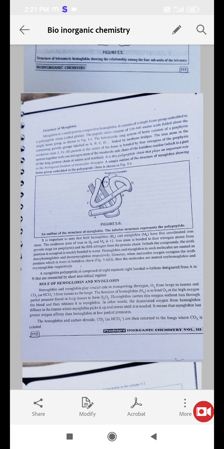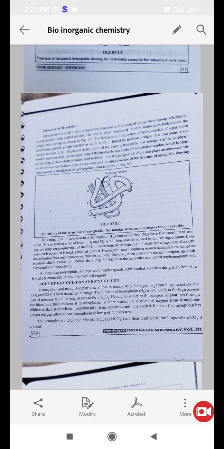It is important to note that hemoglobin and myoglobin have 5 coordinate iron atoms. The oxidation state of iron in hemoglobin and myoglobin is +2. The iron atom is bonded to 4 nitrogen atoms of the pyrrole rings and a 5th nitrogen from the protein chain.